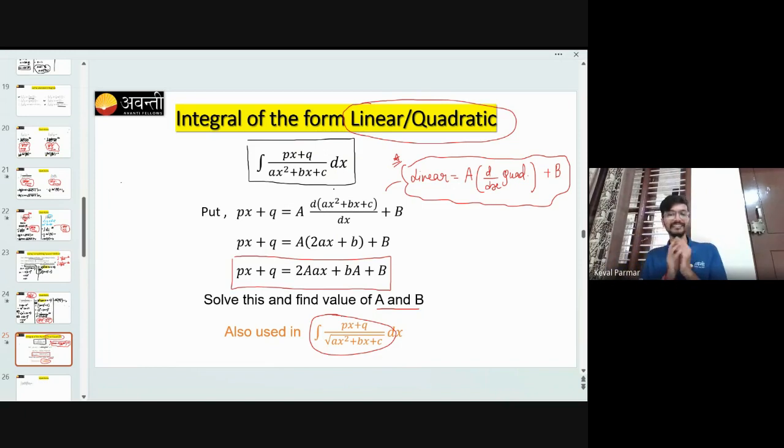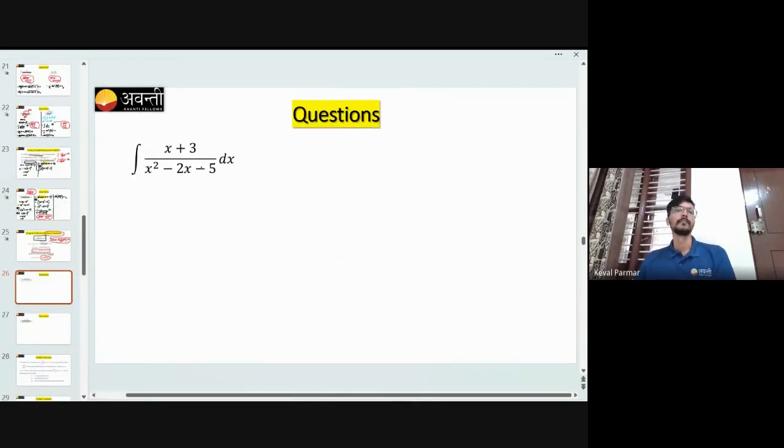If you are clear with this, let's try an actual example. This one is of the form linear upon quadratic. So what was the mantra, or you can say Brahmastra? Linear equals a into derivative of quadratic plus b, and the derivative will be 2x minus 2.